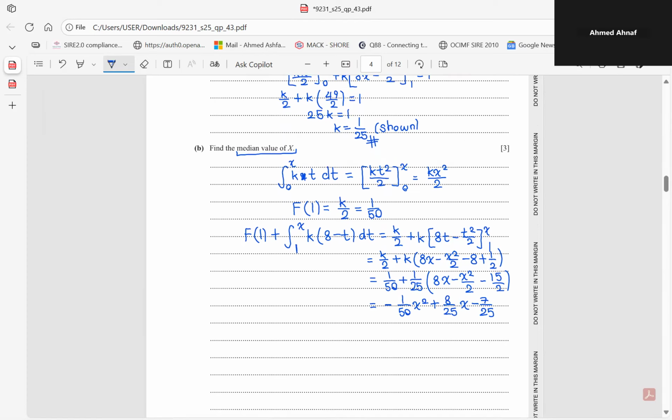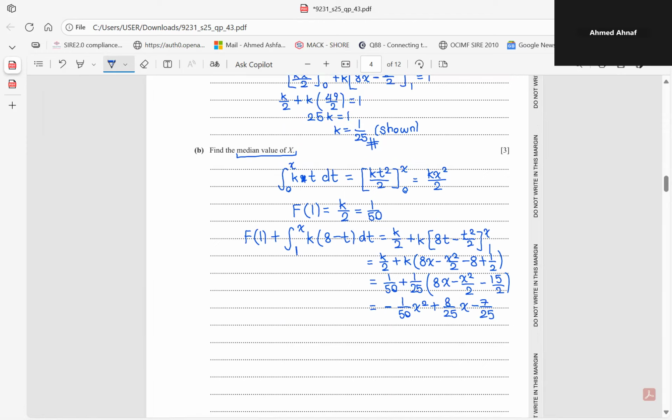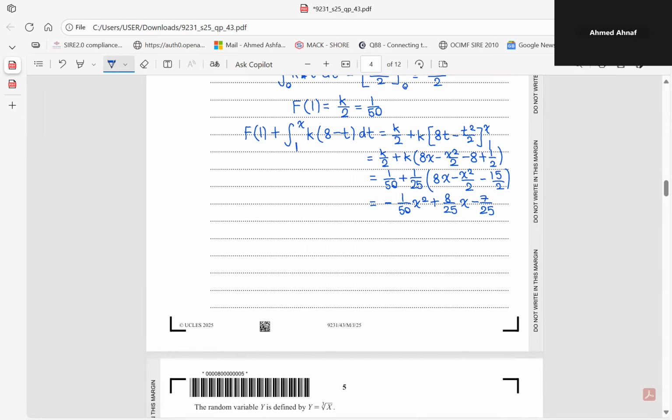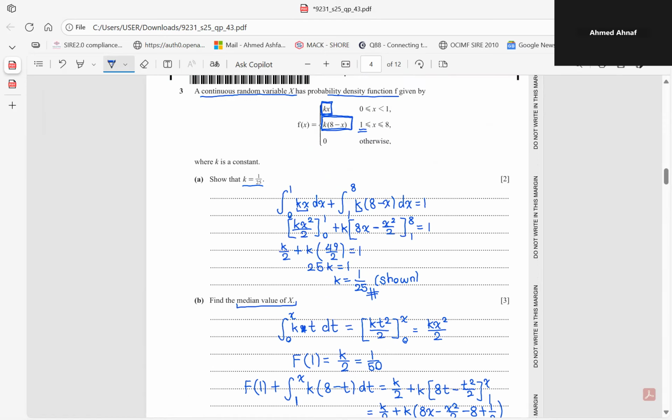Now we can just substitute any value of x and equate it to 0.5, since the probability at the median value, being halfway, is obviously 0.5. Let's choose this equation, as I'm feeling it's going to be within the range of 1 and 8.